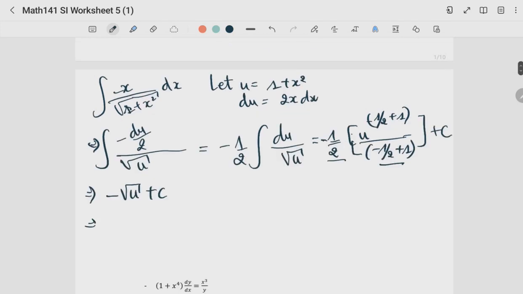And that would mean that our ln of y is therefore equal to minus root of u, which is just 1 plus x squared, so let's just substitute in minus root of 1 plus x squared plus a constant of integration c.